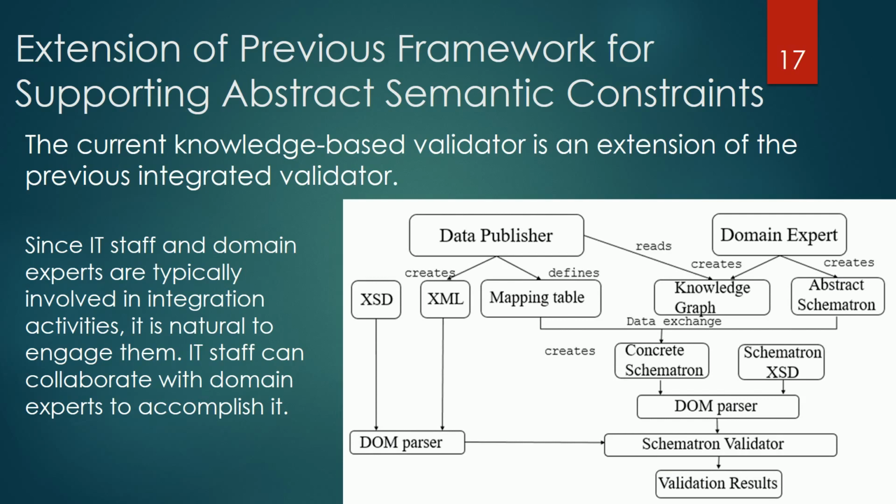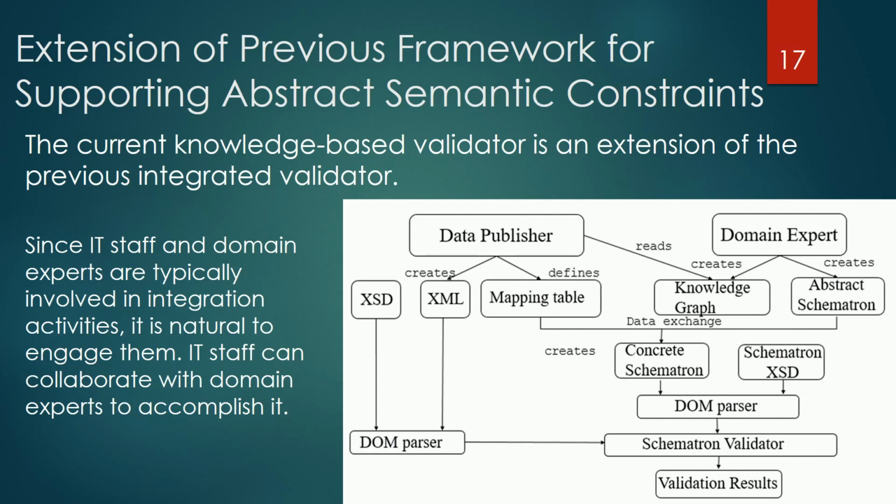The overall design of the conceptual level validator is shown in this picture. Domain experts can use the Pace Protege to create a knowledge graph, and an abstract Schematron document can be generated. The data publisher needs to read the knowledge graph and understand which concepts are available.